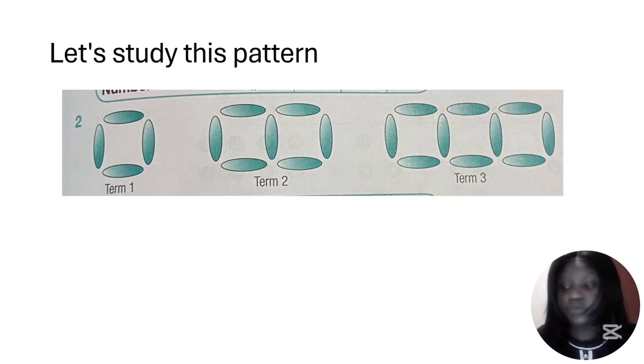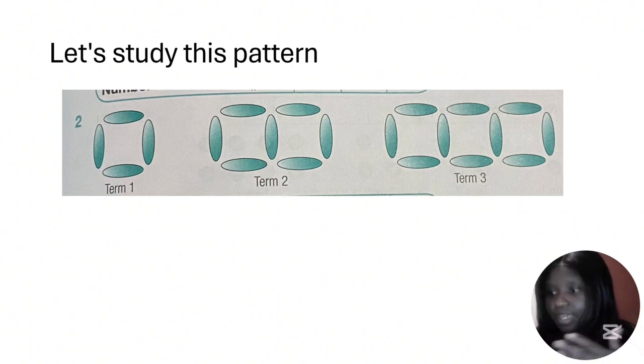So the difference is 3. So 7 plus 3 equals what? 10. So 10 is in your term 3. That's a very simple one. And this is how we study our pattern, because it's very important to understand exactly what the difference is. It goes difference by difference, plus 3, plus 3, plus 3.